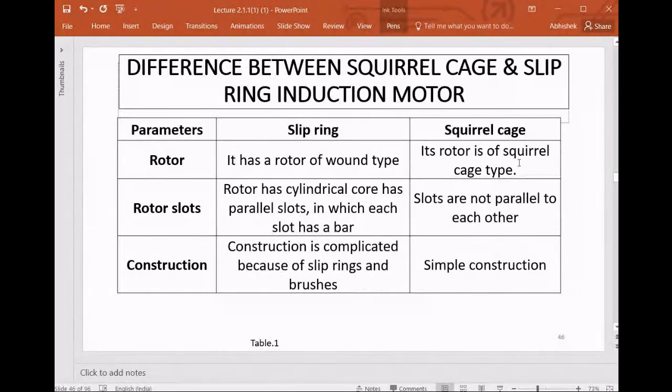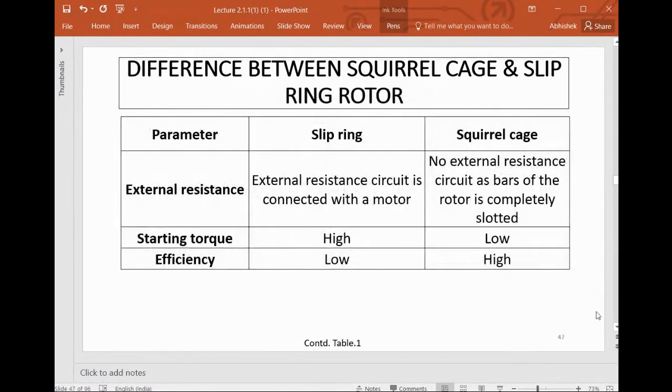Clear everyone? In case of squirrel cage, we need not connect any slip rings or brushes or any resistance. Then it is very easy to construct, and very simple also. So low cost is there. External resistance: in case of slip ring, external resistance circuits are to be connected with the motor, whereas in squirrel cage there is no need to connect any resistances because there is no provision to connect such resistances.